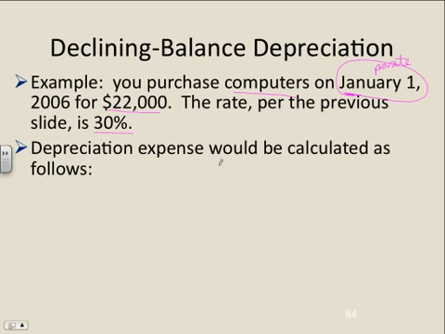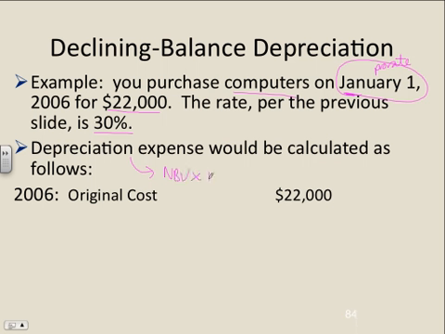So the depreciation expense will be calculated as follows. Remember, the formula for depreciation expense is net book value times rate. So the cost was $22,000. Remember, our formula for net book value equals cost minus accumulated depreciation.